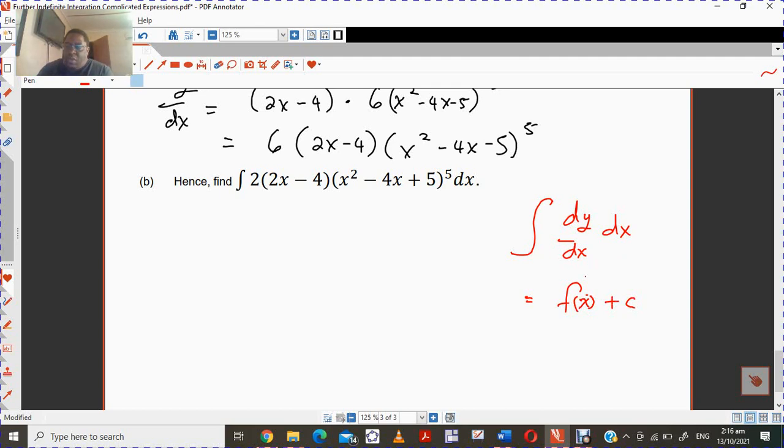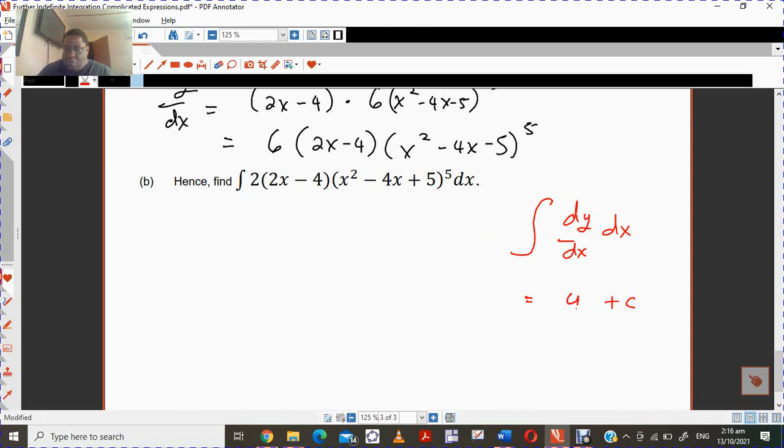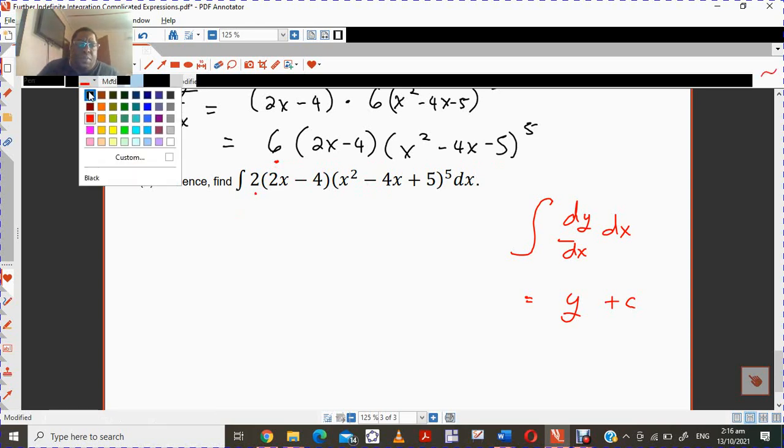Let me get my notation right: it will be my function, which is y, plus c, the y being the function that we have. So we are finding the antiderivative of the derivative. But when we derived, we have a 2 here, other things are still the same. Here we have a 6 and here a 2. So we need to do a little something there.